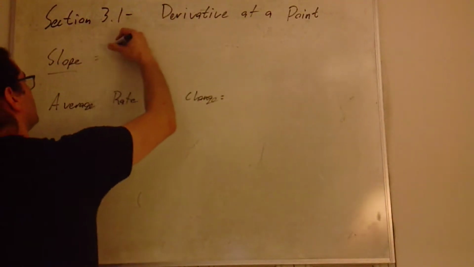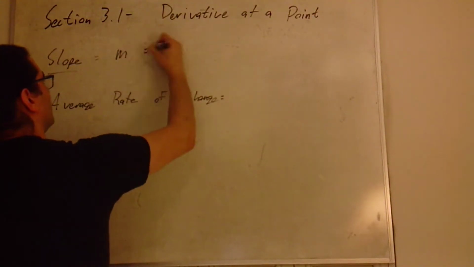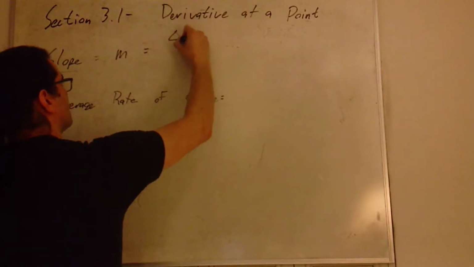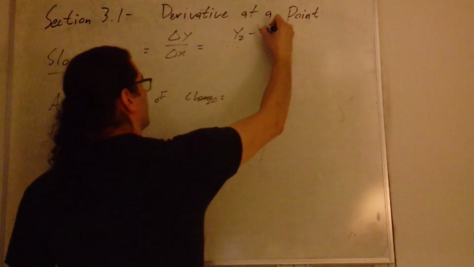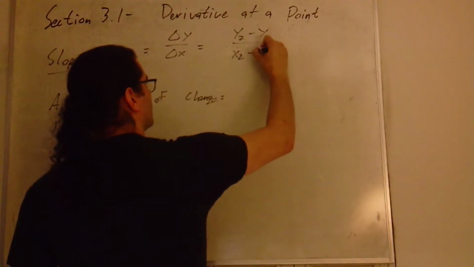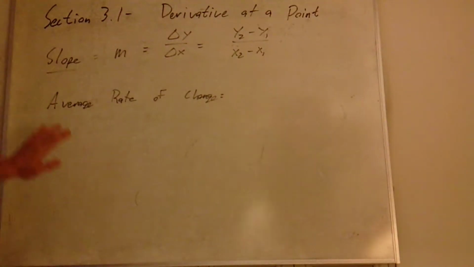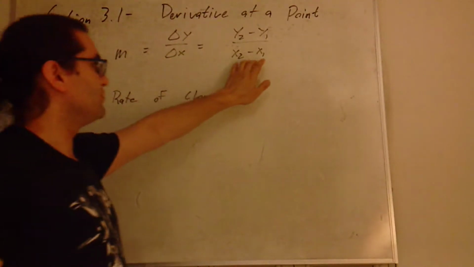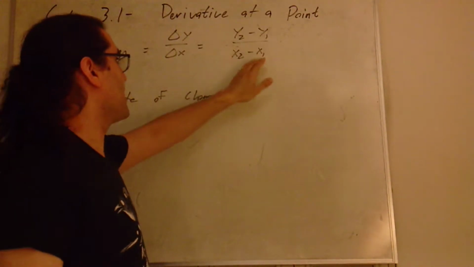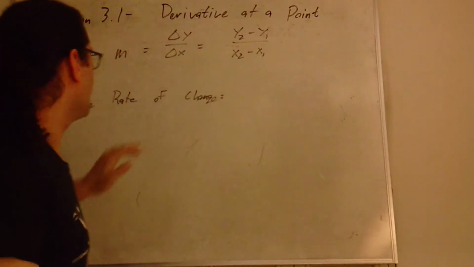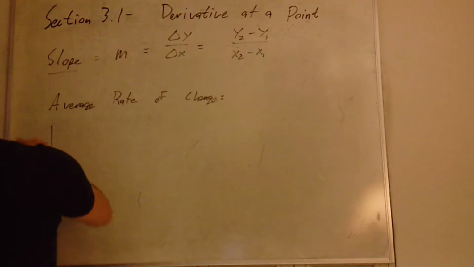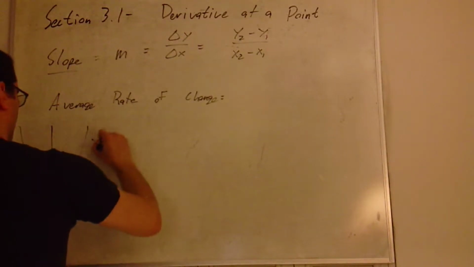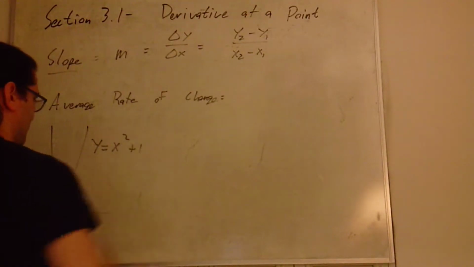Slope is m, it's change in y over change in x. It is y2 minus y1 over x2 minus x1. And if you're doing this on a straight line, it doesn't matter which point you choose. If you're doing this on something curved, like let's talk about the parabola y equals x squared plus 1.